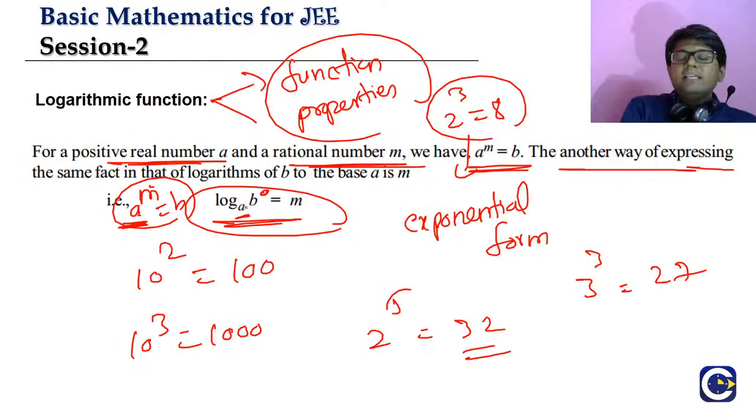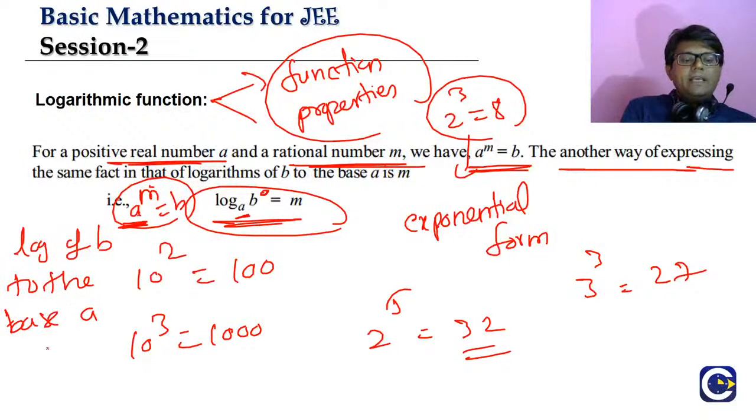Okay. Now let us look at what this logarithm is. So how do we read this? First of all, you will read it like this: log of b to the base a, or with respect to base a, like that. And the value will be equal to m. So what does it mean? How are we going to read this log function? Let us pay a little more attention here.